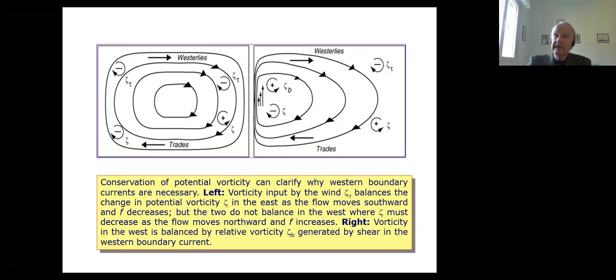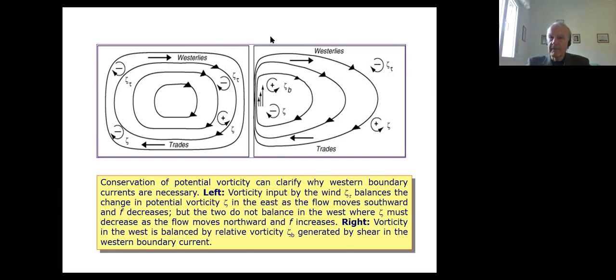Here at the left-hand side, at the western part, again the wind is imparting negative vorticity, but the particle has to move northward, because this is the return flow. But it cannot move northward, because that would mean moving into the higher planetary vorticity area.